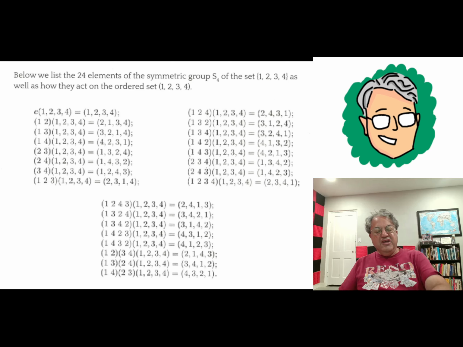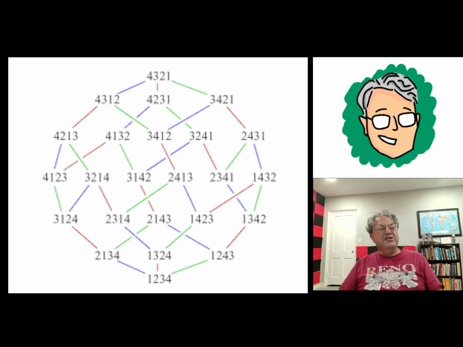So anyway, they say a picture's worth 1,000 words, so I thought I'd add a picture. This is the graphical representation of the group S4. I think these connections here, if I'm not mistaken, show you transpositions. You remember, it turns out this is an interesting fact about symmetric groups and about permutations in general.